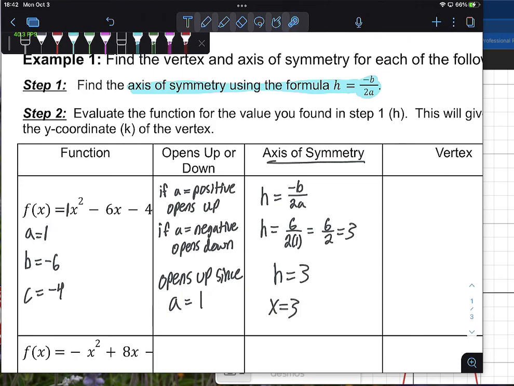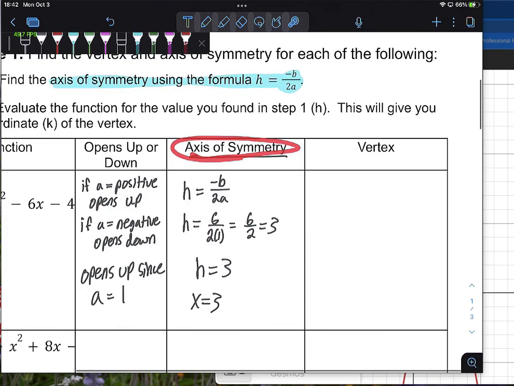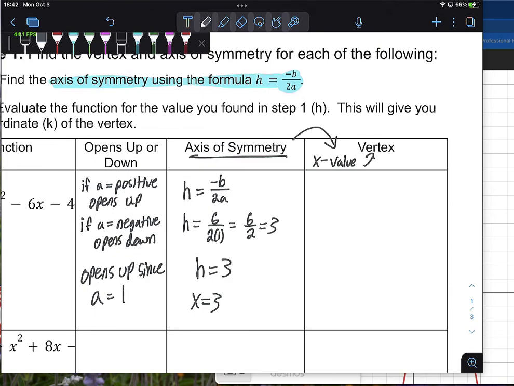Now guys, I do also want to say something. My axis of symmetry is also the x value of my vertex. So, in order for us to find the vertex, we are going to take what my x value equals. And in this case, it is 3.